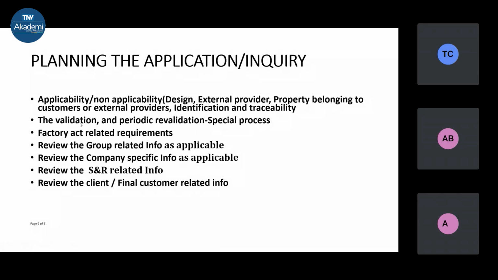For example, welding is a process. Welding results will be shown after a particular passage of time, maybe weeks, maybe months. Painting is a special process. It needs validation, revalidation. So whether this is applicable or not applicable needs to be identified. There's a lot of confusion around this particular activity, so I thought I will specifically address this.